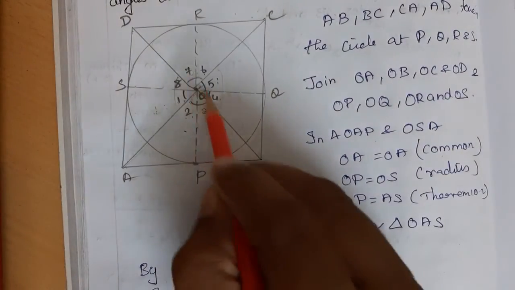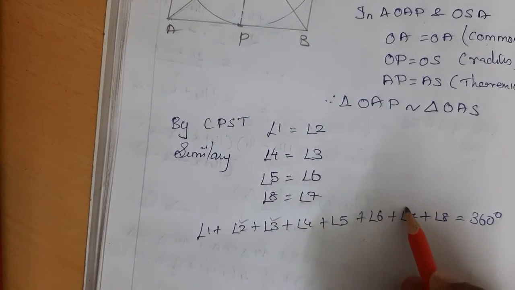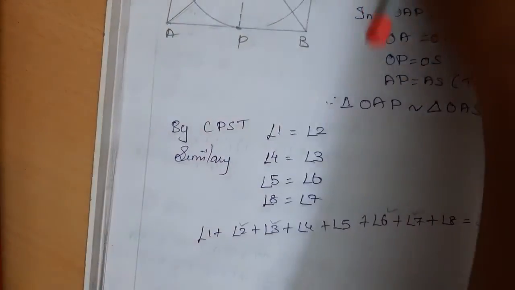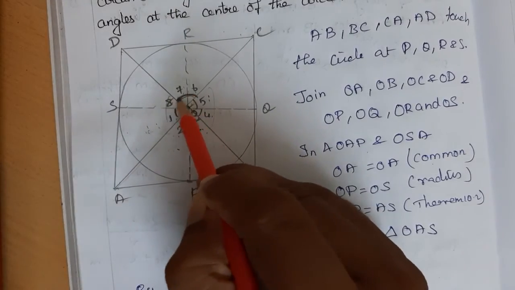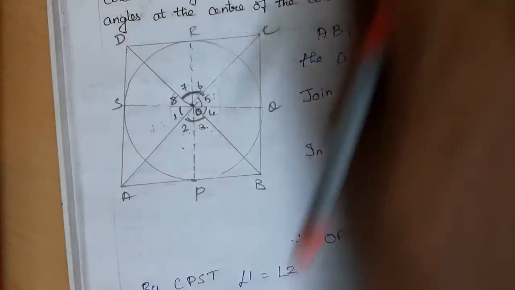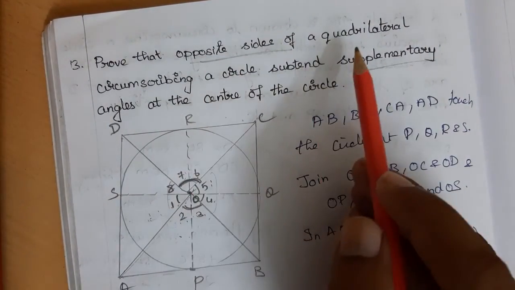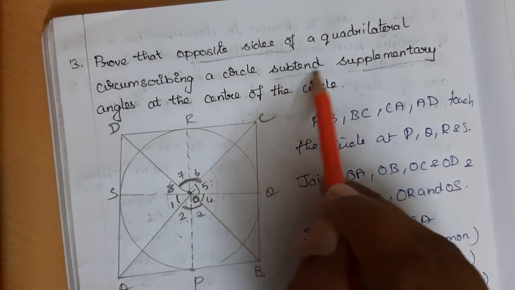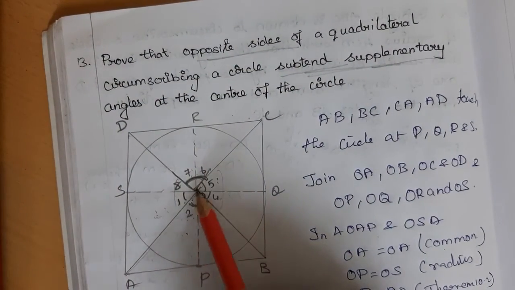So let me keep 2, 3, 7 and 6, right? That will make opposite angles, right? 2, 3 is opposite to 7, 6. So that's what we have to prove, that they are supplementary, right? These are the angles subtended at the center.